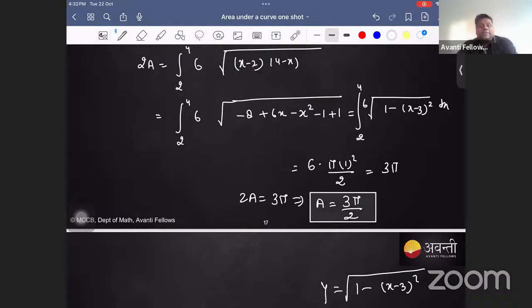This is your area. Am I correct? Christina? Priyadarshini? Did you get that? Bhagat?